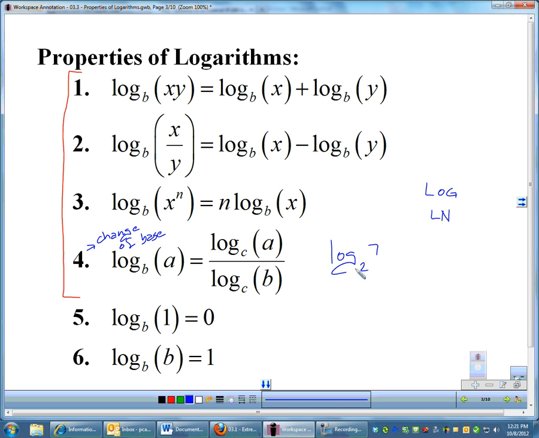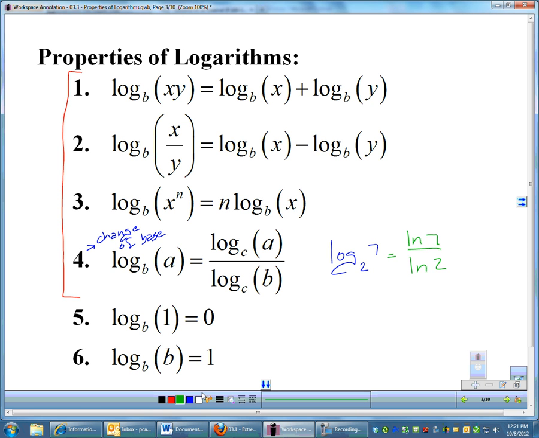You don't have log base 2. So the way you would do log base 2 of 7 is you would keep the base the same. I usually will use natural logs. I wrote log base c, but it would be the natural log of a over the natural log of b, a and b. In this case, that would be 7 and 2.